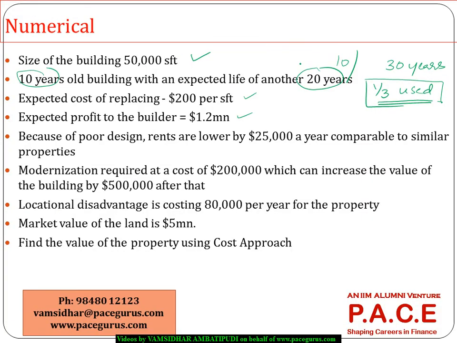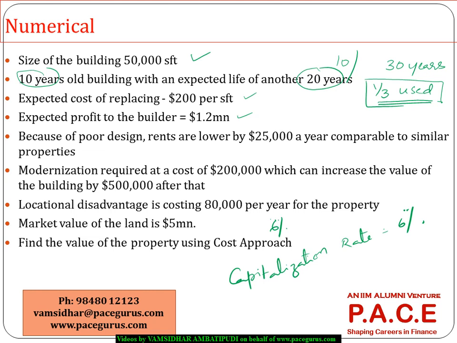Now, because of the poor design, rents are lower by 25,000 every year. So I can deduct that. Here I have to assume some capitalization rate, so let me assume the capitalization rate is 6% for this numerical, otherwise I may have to compute it from similar properties.